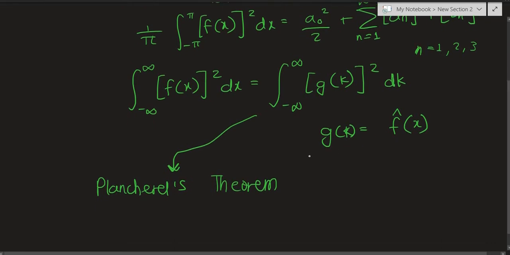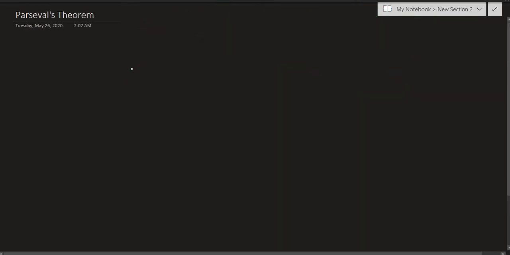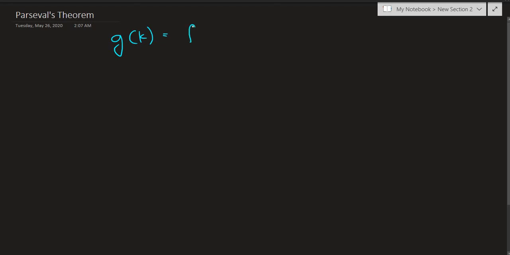So we're going to use this now because we know what g of k is. We just calculated that. So now we calculated that our g of k, or the Fourier transform of f of x, is going to be e raised to negative k squared by 4 times g over the square root of 2 pi.